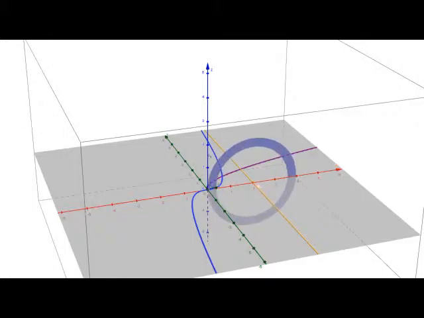I'll put the trace on for the surface, and I'll have to do this reasonably slowly to scribe out the shape. Okay, let's try and scribe it out.